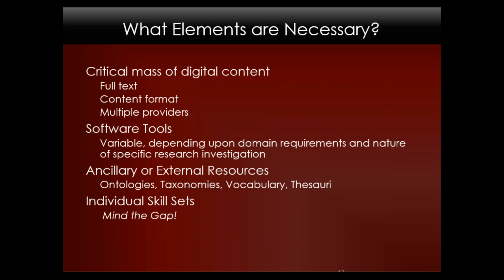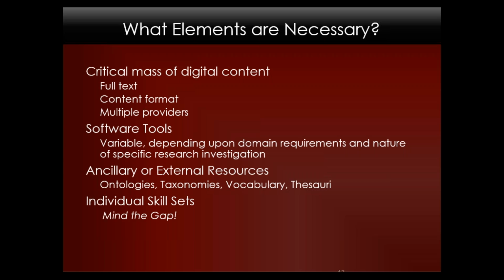So what do you need to perform this practice, this activity? Well, first you need a critical mass of digital content. And to be fair, it's not just digital content or data. In particular with text mining, you want full text if at all possible.